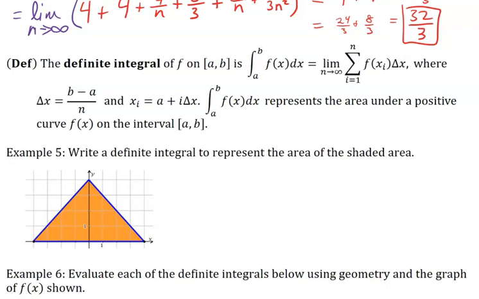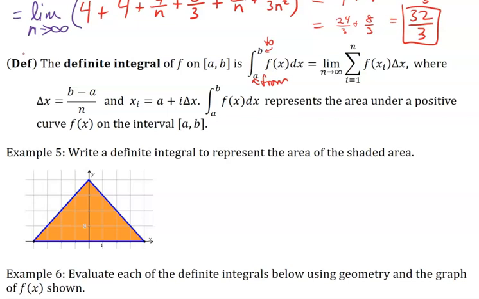Here we have the definition first, and that's this first line. The definite integral of a function f on a closed interval from a to b is written like this. When we read it, we say the integral from a to b, where a is on the left and b is on the right, the order matters, of f of x dx.